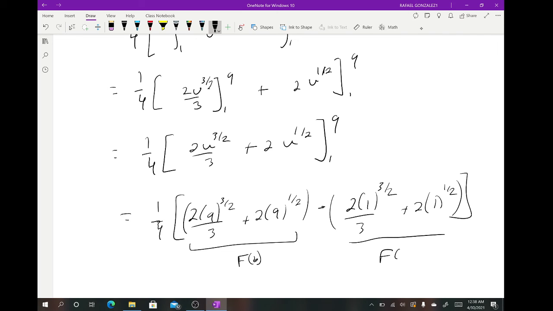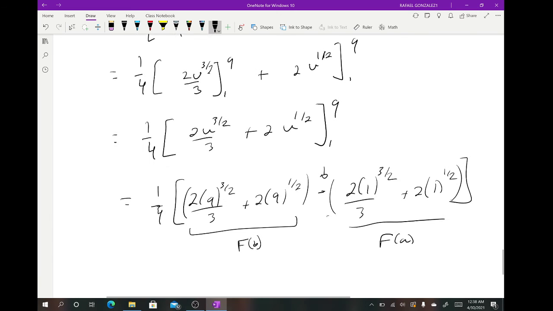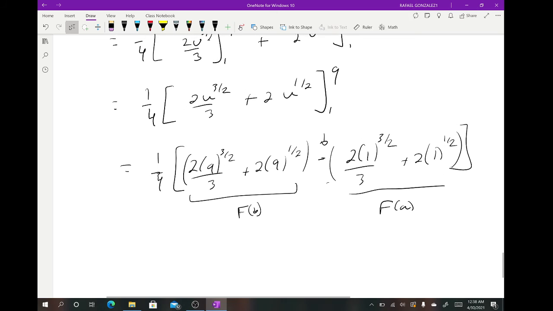And this is my f of a. Don't forget the parentheses because you have a negative sign from the fundamental theorem of calculus. So it's important that you put those parentheses in there.